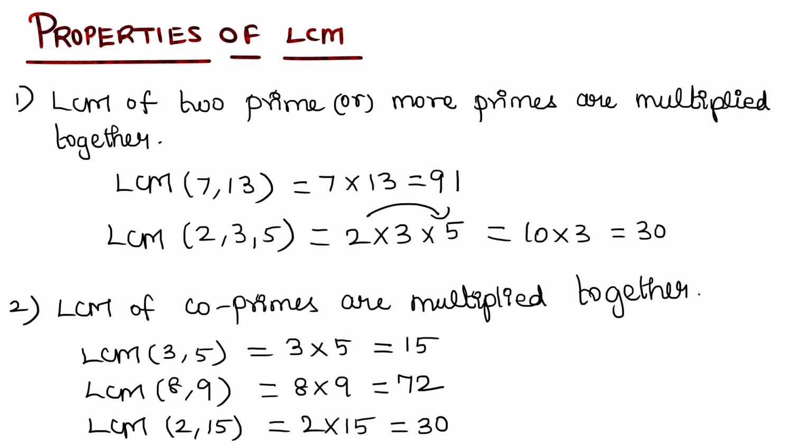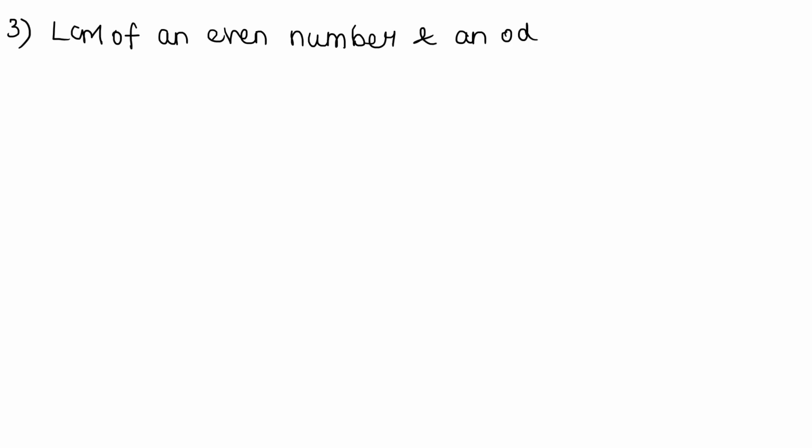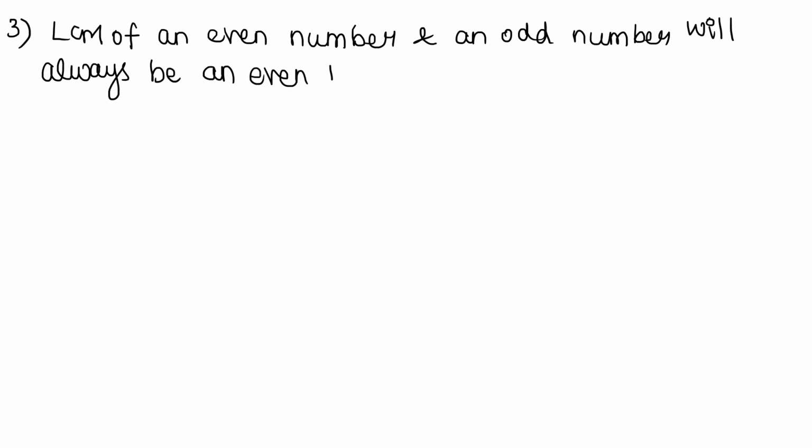So now you understood the first two properties. Let's move on to the third property, the LCM of an even number and an odd number, which will always be an even number.